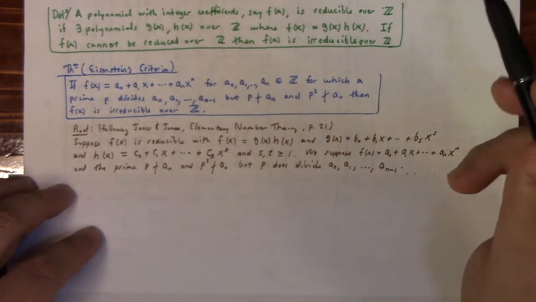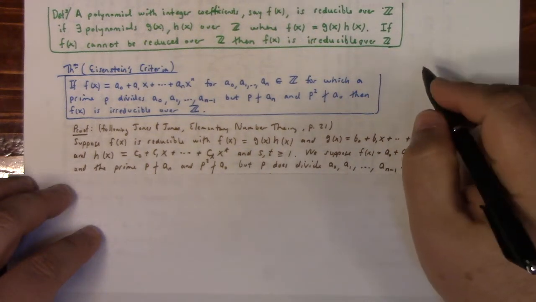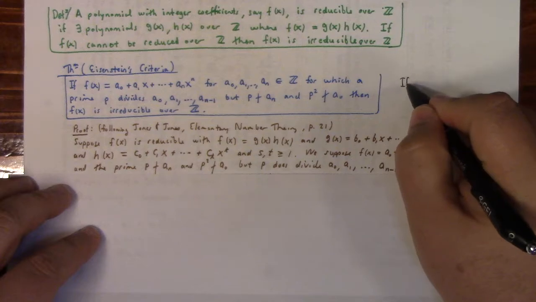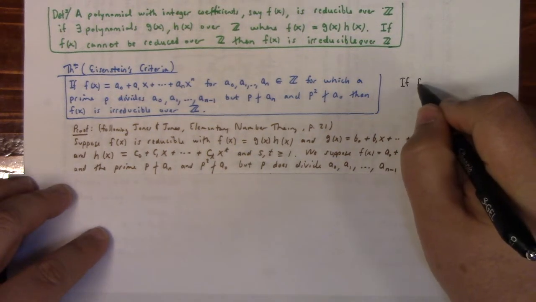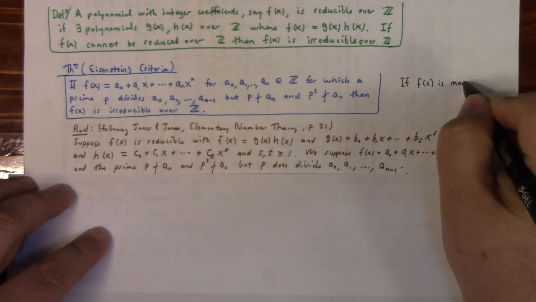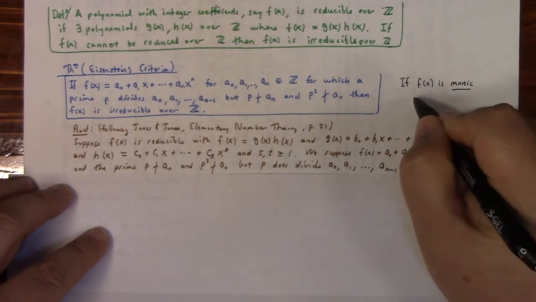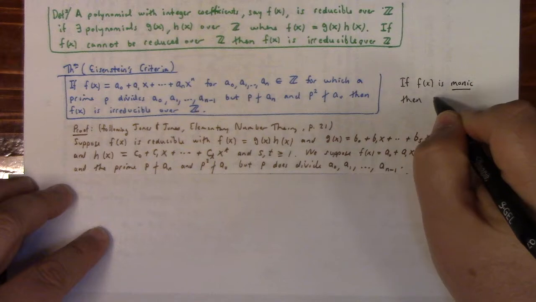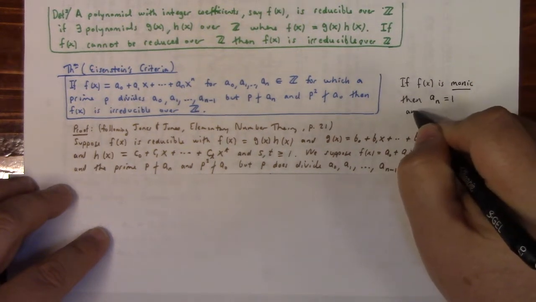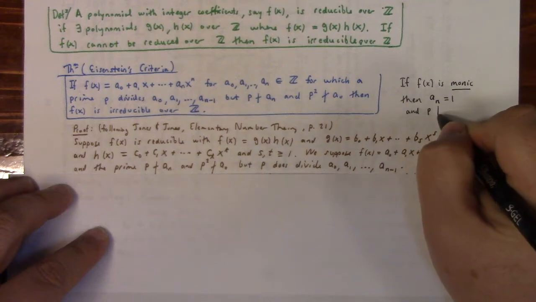By the way, if f of x is monic, as it often is, then a sub n is equal to 1, and p does not divide 1.